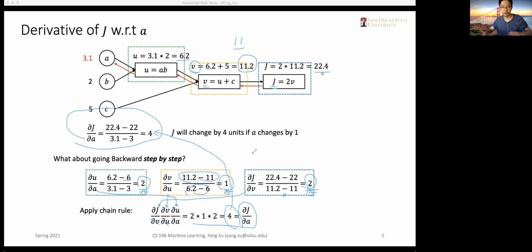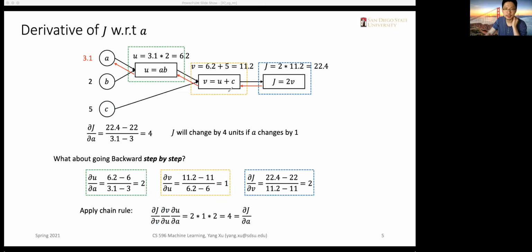Okay, so this is a proof of concept to show that given a complete computation graph, we can actually compute the partial derivatives between the adjacent variables, right?